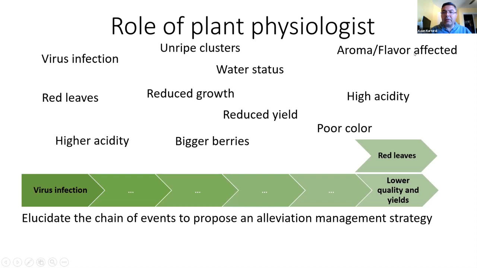Aroma and flavor are affected in the end. To elucidate this chain of events, we need to propose an alleviation or management strategy for the long term. Although these vineyards are being removed, they're being removed at a smaller pace, because pulling up vineyards and putting in new vineyards without an identified vector is kind of a no-win game at this point.